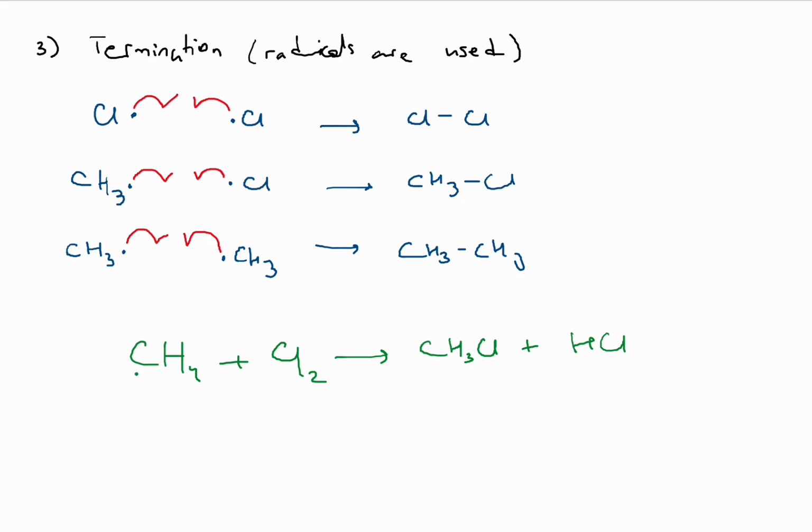We can also write further reactions. CH3Cl reacts with chlorine to give CH2Cl2, dichloromethane.